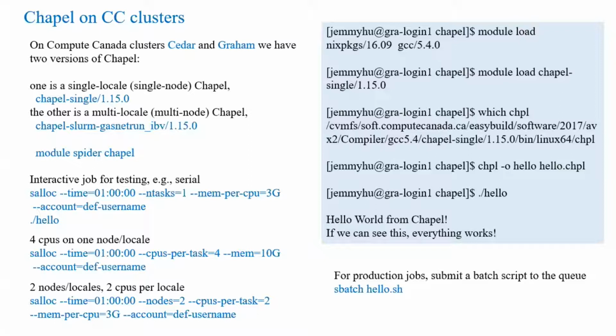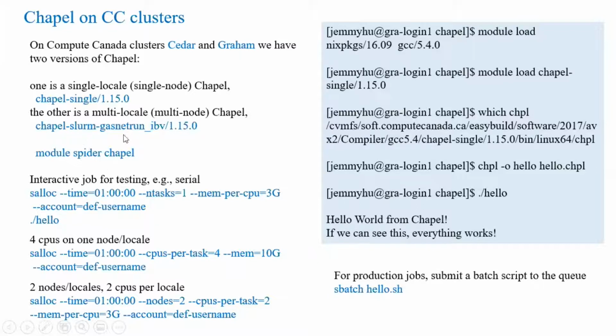One version is called chapel-single, which is for running code using the CPUs on one single node. You can understand this as sort of like the shared memory solution. And the other one is for code that runs cross-node, for multiple nodes.